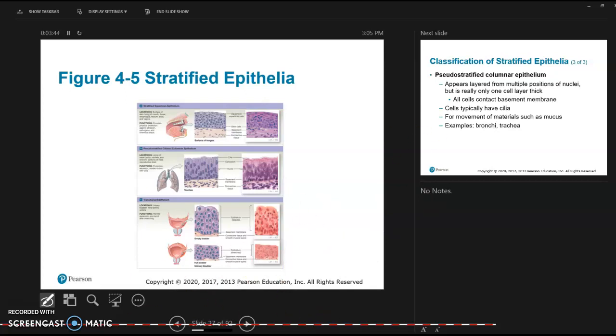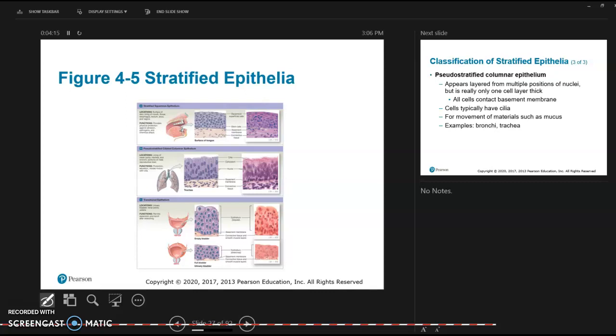Then we have pseudostratified ciliated columnar epithelial tissue. And that sounds complicated. It is kind of complicated. We find this tissue lining the airways. The picture that you see in figure B is lining the trachea. But pseudo means false and stratified means layers. So this tissue has the appearance of layers, but these cells are actually all touching the basement membrane.